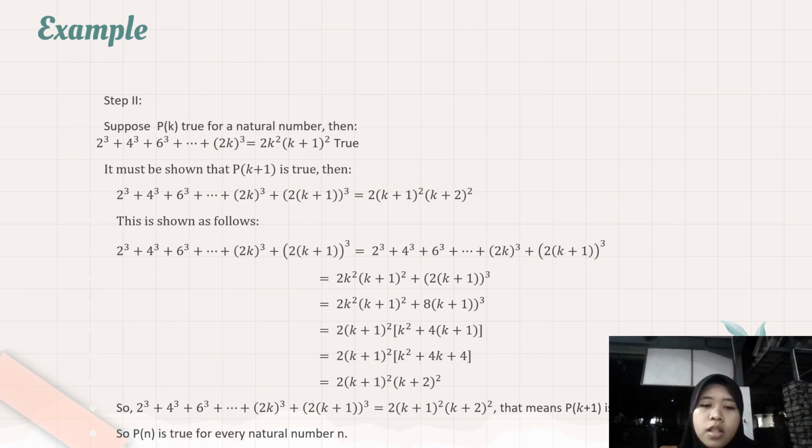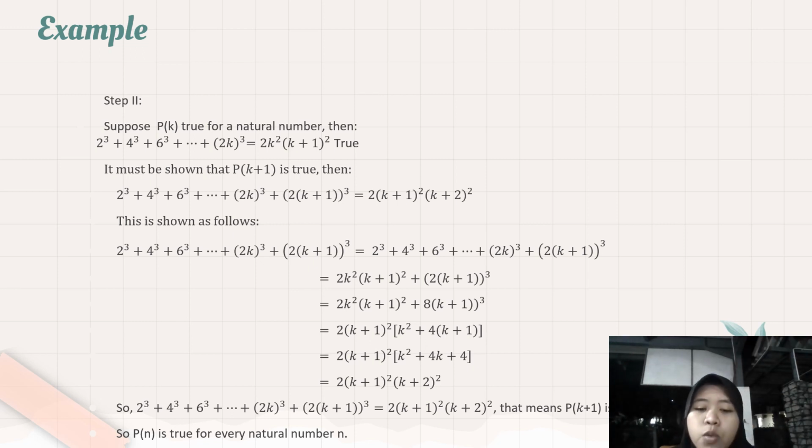And this goes as follows: 2^3 + 4^3 + 6^3 + ... + (2k)^3 + (2(k+1))^3, with the same applied to the right side, equals 2k^2 times (k+1)^2 plus 2 times (k+1)^3.